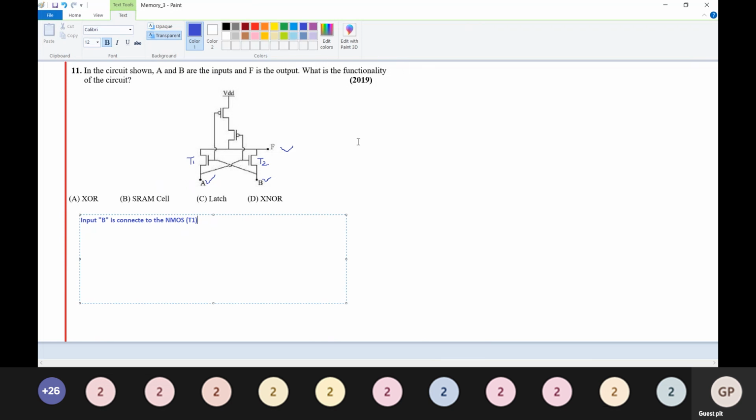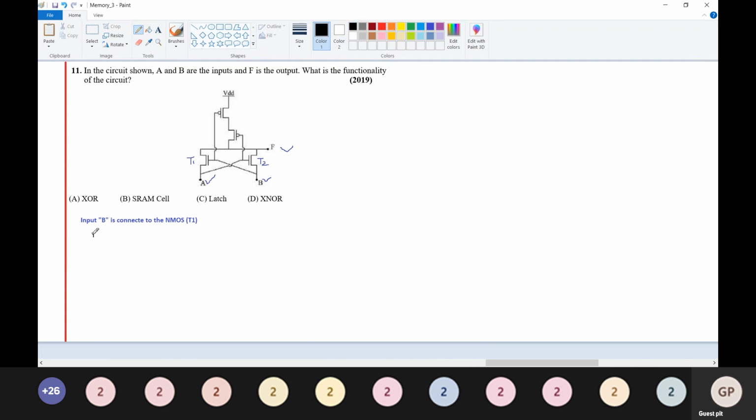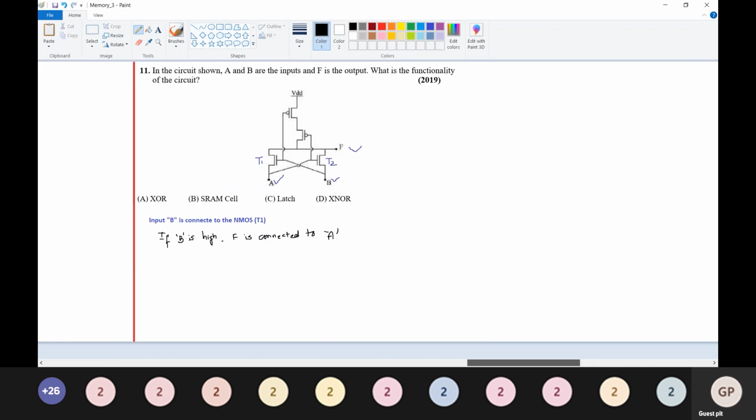If B is high, repeat: your input B is connected to the NMOS transistor T1, and if B is high, you can see your output F is connected to A. We have already discussed this in the previous section.